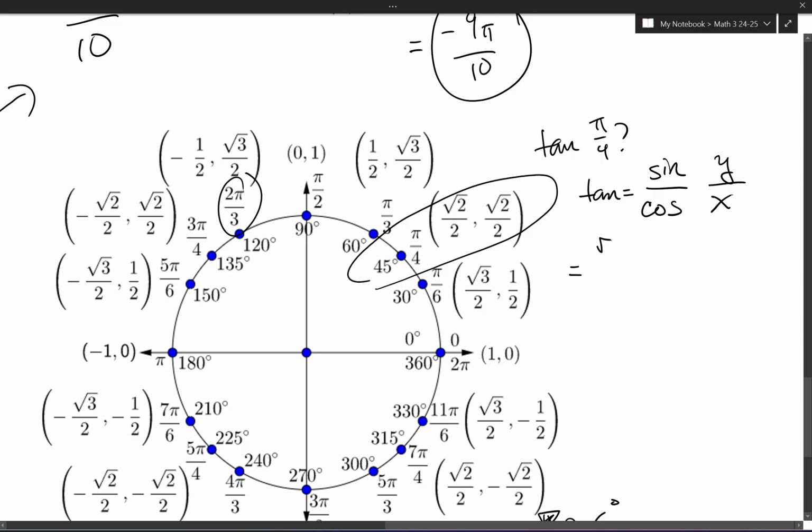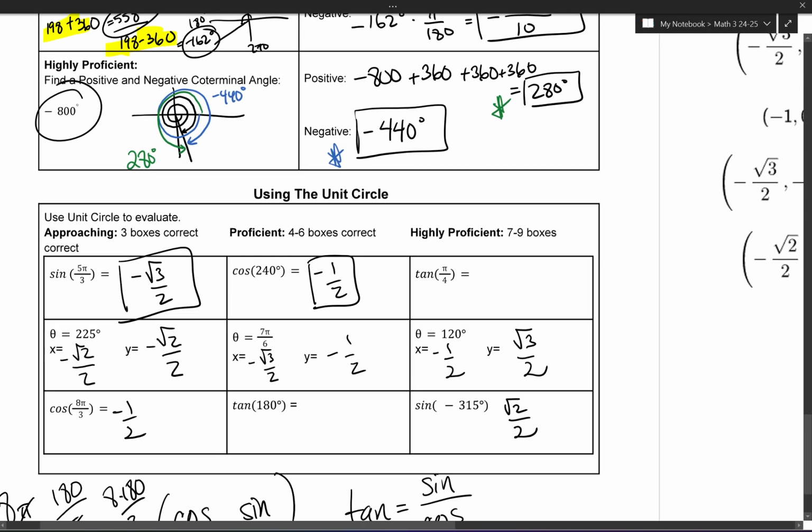The y value is square root of 2 over 2. What's the cosine value? Square root of 2 over 2. Oh my gosh, this is so complicated. Wait a sec. What is a number divided by itself? That is always 1. We did it. So the tangent of pi over 4 is 1.